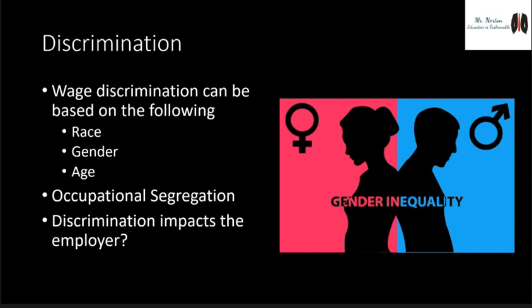But what if the people I chose to treat poorly are actually better workers? So you can see in this case that discrimination doesn't just hurt the people who are being discriminated against, it also hurts the employer. Not that anyone really feels bad for that person.